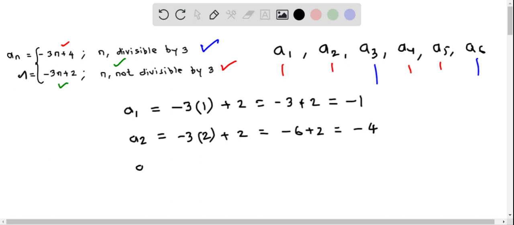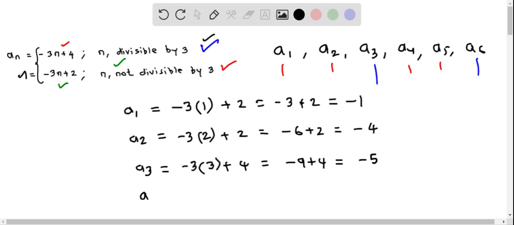And let's find a3. Here n is divisible by 3, so we will utilize this first formula. So I'm going to replace n by 3, that is negative 3 times n, which is 3, plus 4. So this becomes negative 3 times 3 is negative 9 plus 4, and this is negative 9 plus 4 is negative 5.